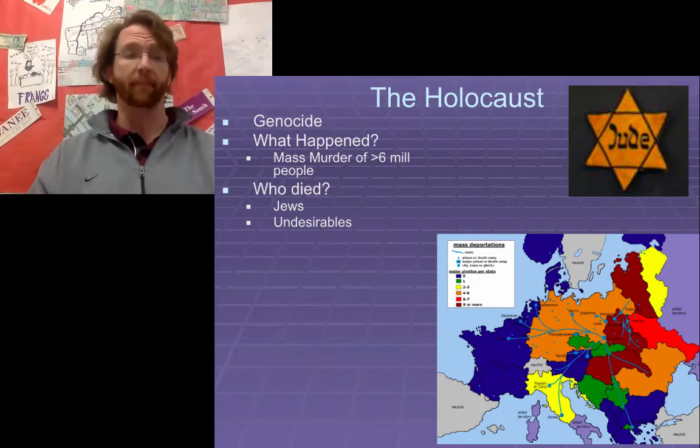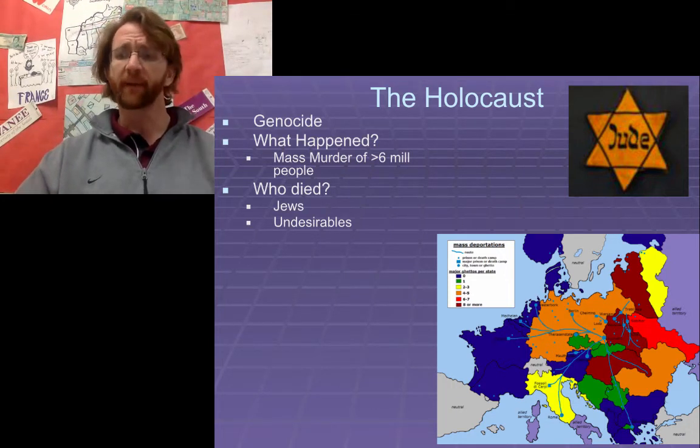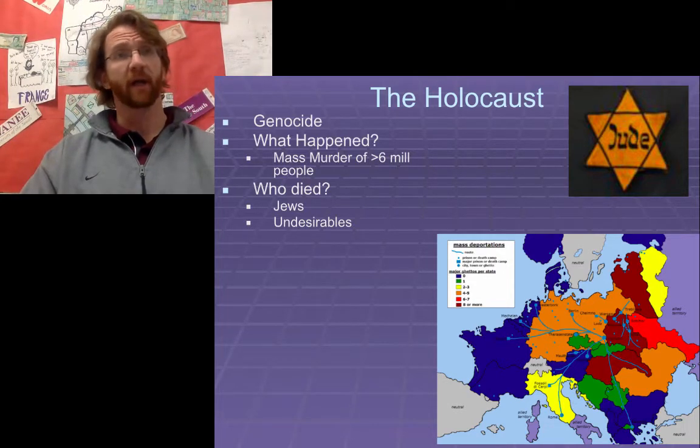Hitler wanted to create a perfect race, wanted to essentially breed humans to create what were, in his mind, perfect people, perfect ethnically, perfect genetically. And so he got rid of undesirables. Now, who were the undesirables? Homosexuals were considered undesirable.